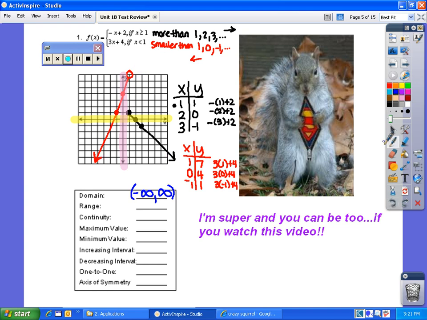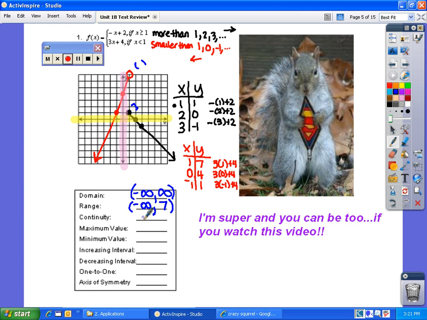So because it starts down at negative infinity and goes all the way up to almost hitting 7, I would say negative infinity to 7 with a parenthesis. This open circle means that I should always have parentheses. The closed circle here means that you're going to have a bracket.